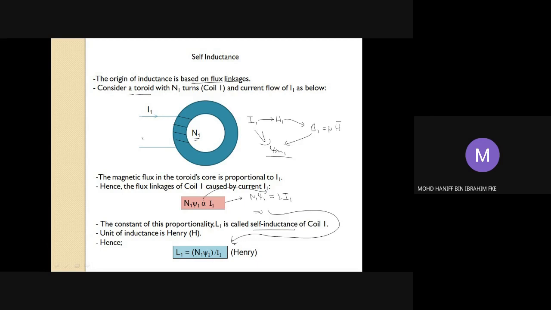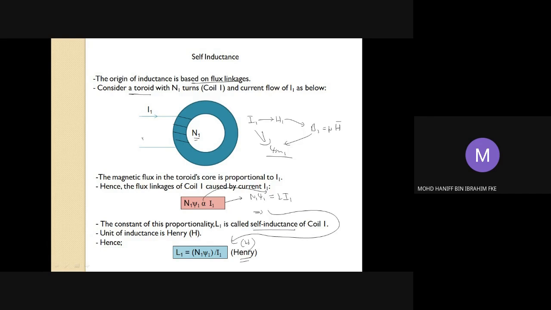So that's how we define the self-inductance L1. The self-inductance L1 is equal to the amount of flux divided by the current that produces it. Okay, so that's what we call self-inductance. And the unit for inductance is Henry. I think all of you know the Henry, or just H, as the unit for inductance.